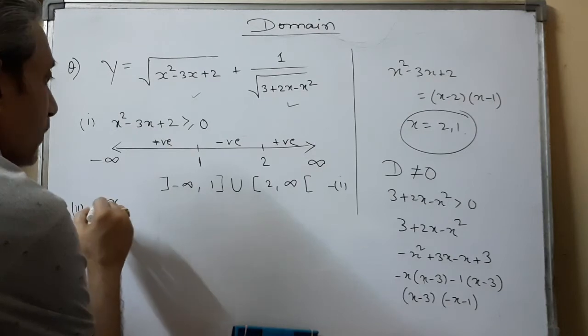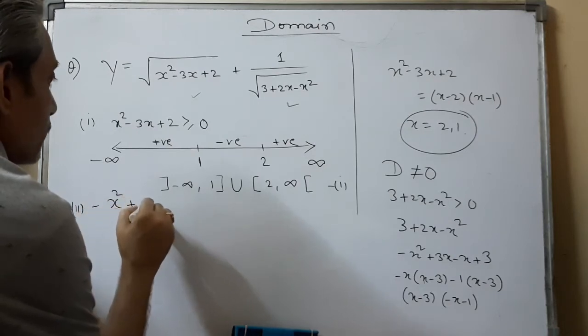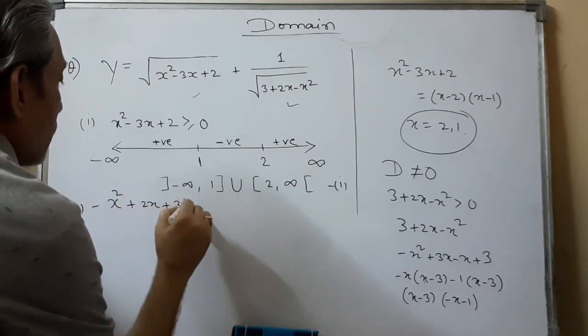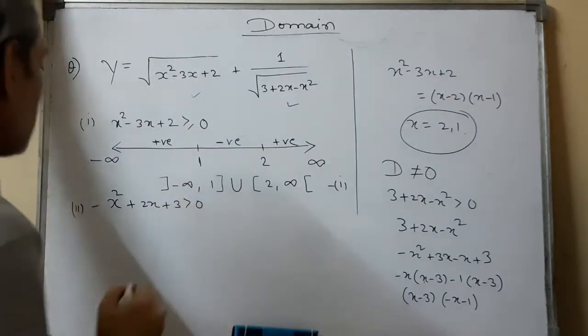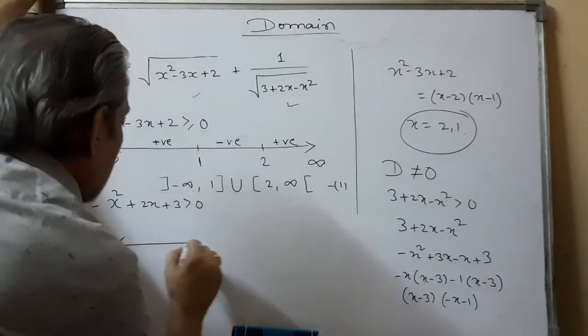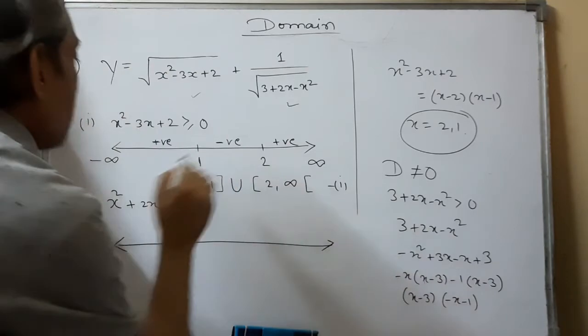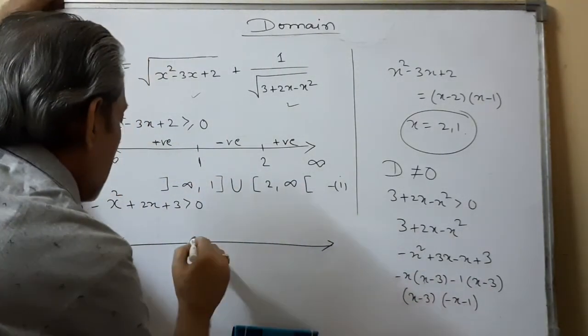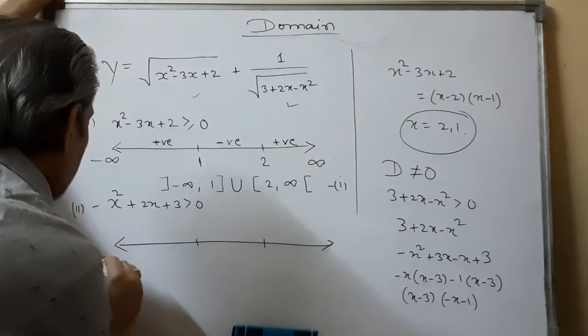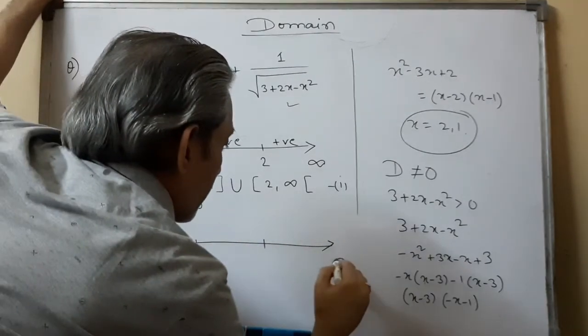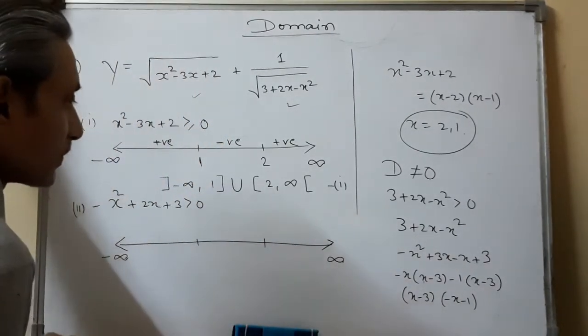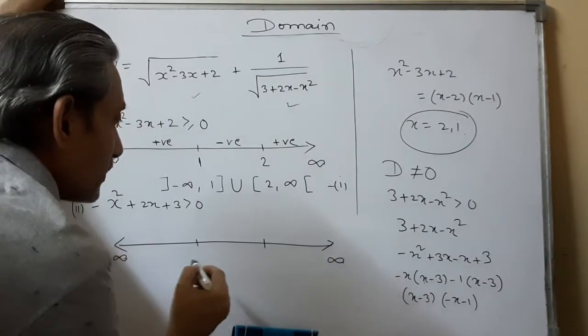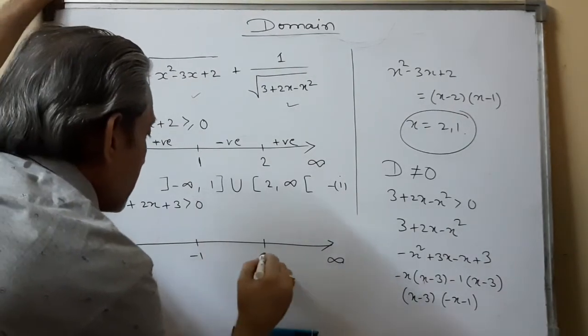So this thing, minus x square plus 2x plus 3, should be more than 0. Now as we did it earlier, mark these numbers on the number line. These numbers are minus 1 and 3.